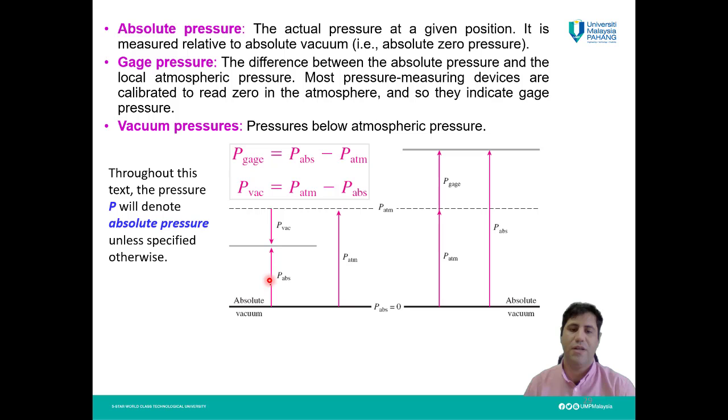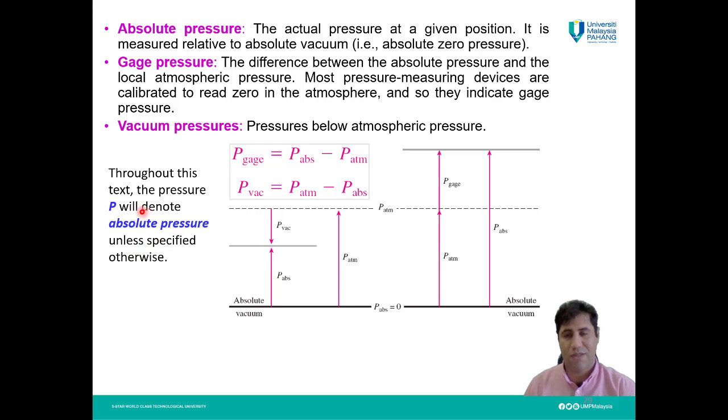And you can see here again the absolute pressure is lower than P atmosphere, so we have some kind of vacuum. This much is the vacuum. And absolute vacuum is when P vacuum is equal to P atmosphere, zero absolute pressure. We call that absolute vacuum.